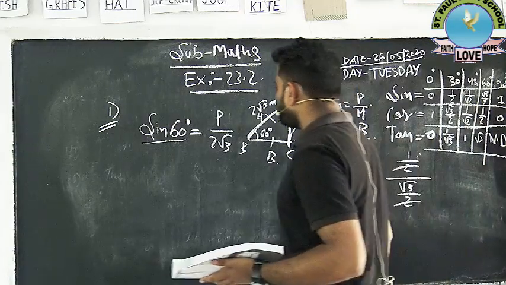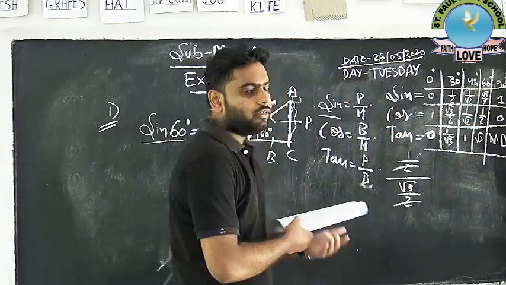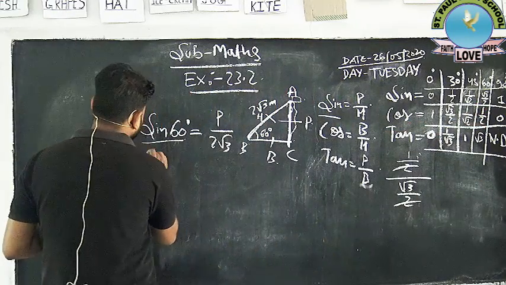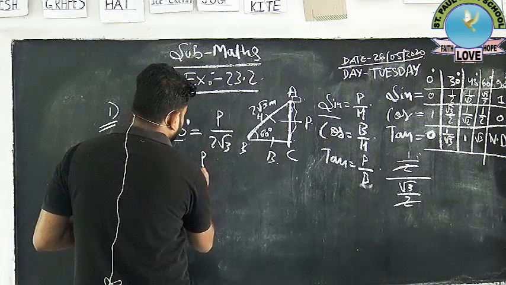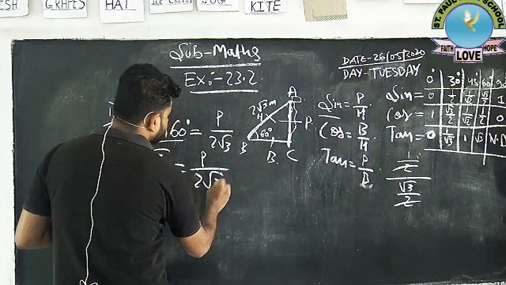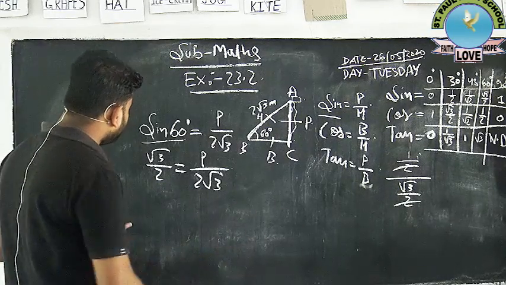Now, what is the sin 60 value? Sin 60 value is root 3 by 2. So we can write root 3 by 2 equals P, which we have to calculate, over 2 root 3. This is okay till now. After this you have to cross multiply.